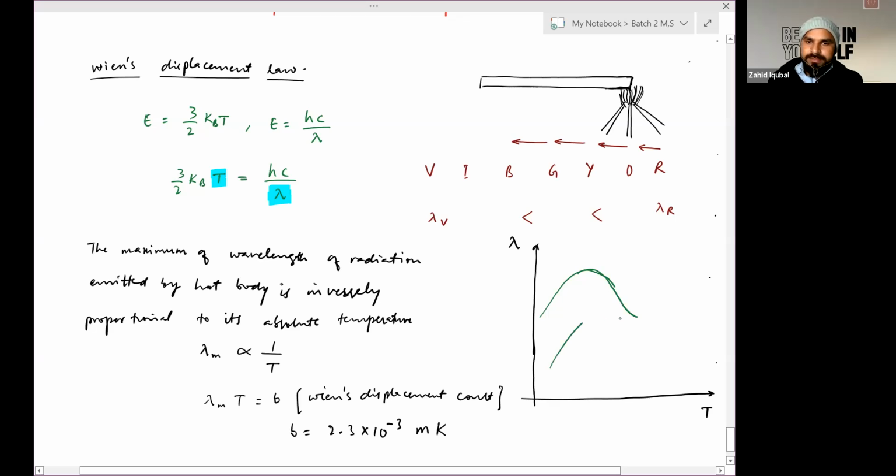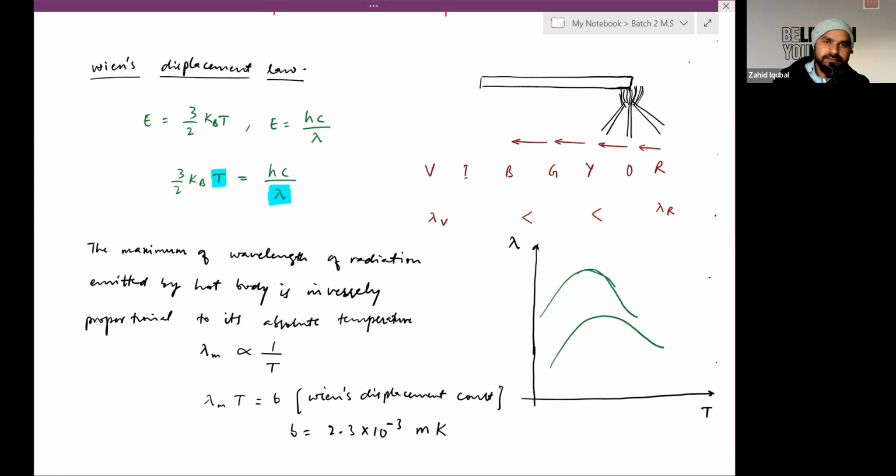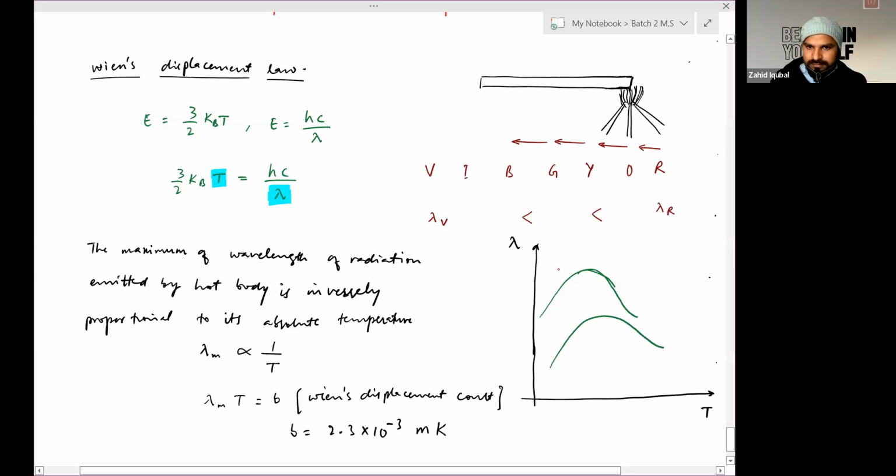On increasing temperature, large wavelength for some small temperature, small wavelength for some high temperature. Samira, is it clear? Yes, sir.